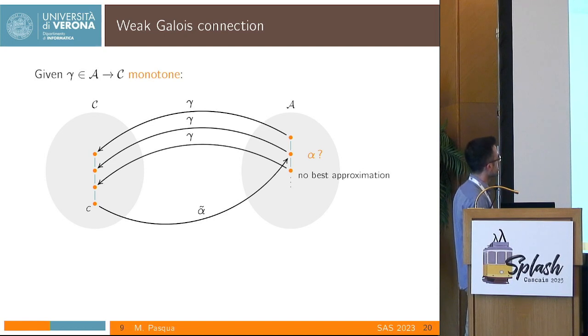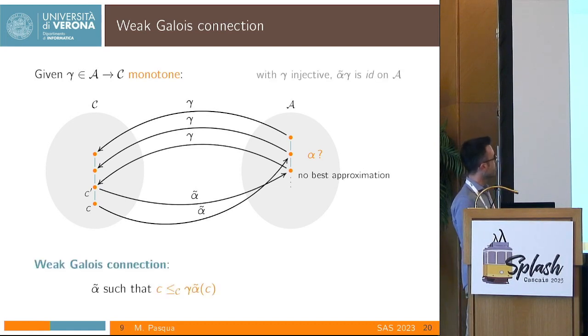But of course, it must be monotone. But which is the requirement that we must not lose? We must not lose the requirement that we need a correct approximation of each concrete element. So for instance, here we can map C to this point here, and the abstraction is sound, but we can map this other object to this other element, and we preserve soundness, but we lose monotonicity of the abstraction.